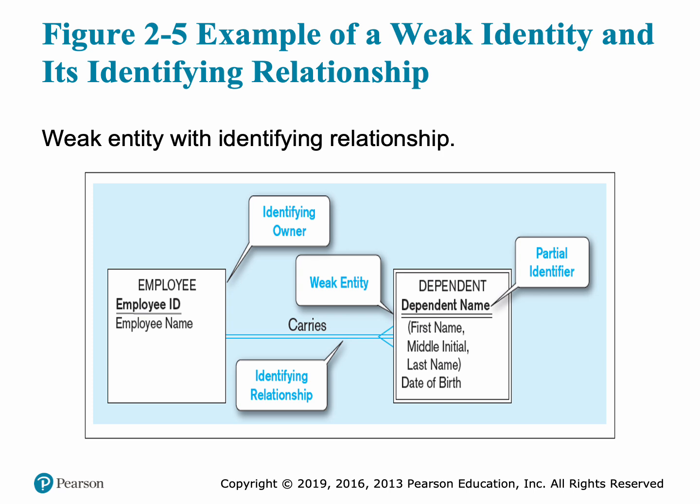Also note the double lines that distinguish the weak entity and the identifying relationship in this pictorial representation of the relationship identification. So this is a good example. I would suggest you read about this in more depth.